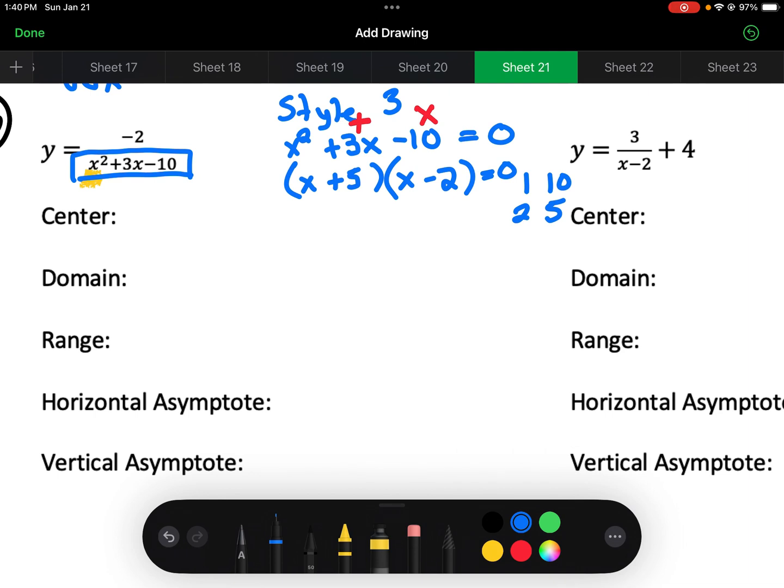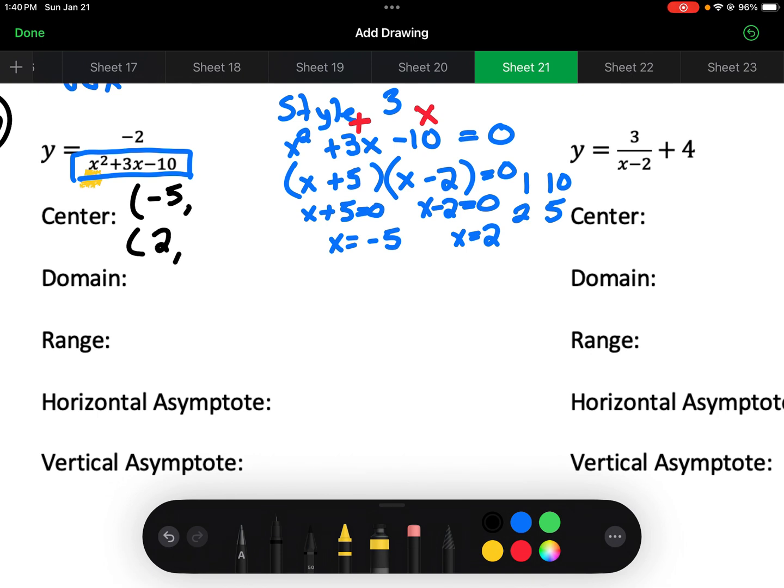Once I am factored, take each factor, set it equal to 0, and solve. So I have x plus 5 equals 0, x minus 2 equals 0. You don't need to show that Algebra 1 skill. You're going to end up with negative 5 and positive 2. So I'm getting 2 centers, one at negative 5 and one at positive 2.